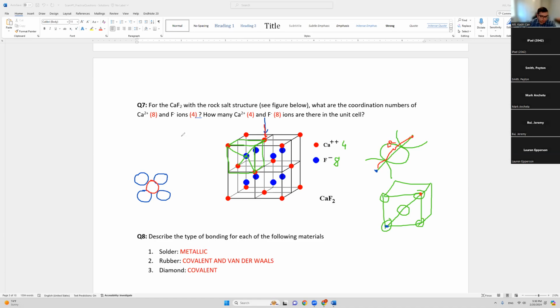So maybe you can see it like this. It's hard to draw with a mouse.